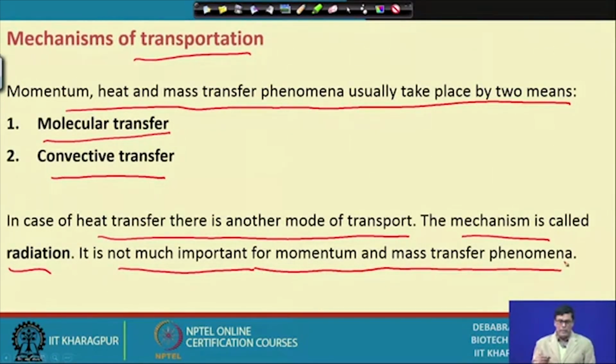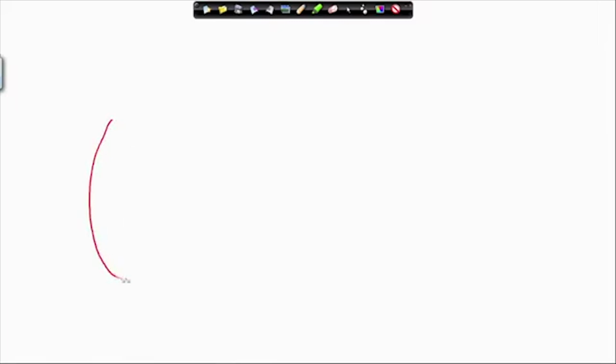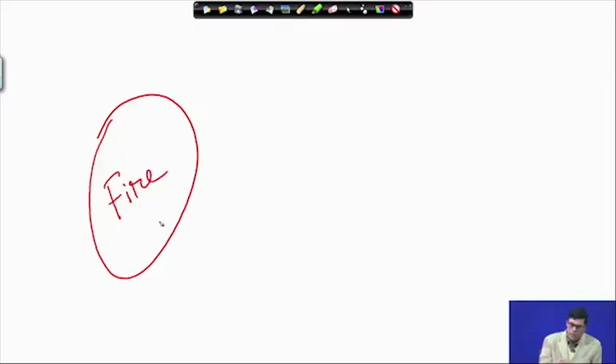Now let me explain more elaborately what I mean by that. I can give a small example. Suppose a fire takes place here. This is fire. So we want to extinguish the fire.